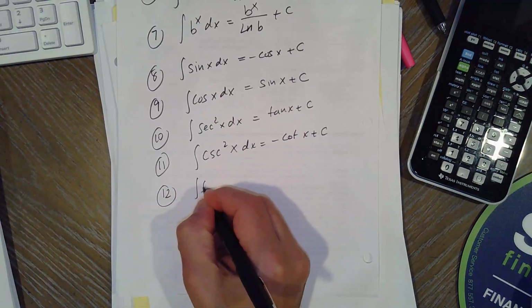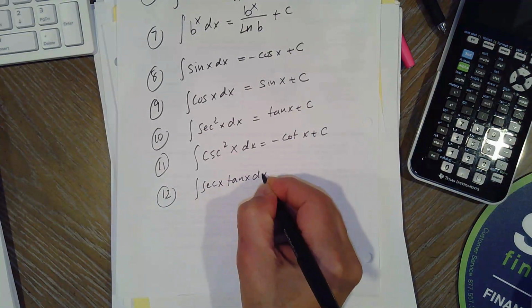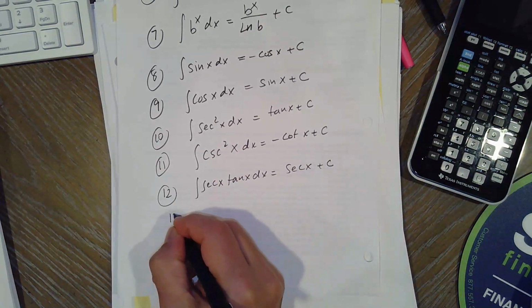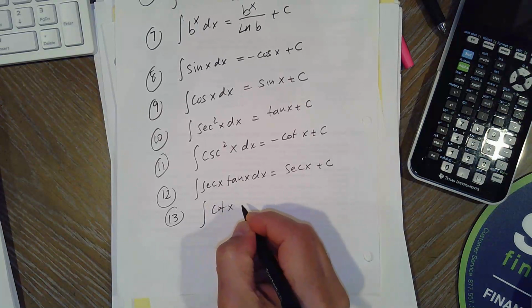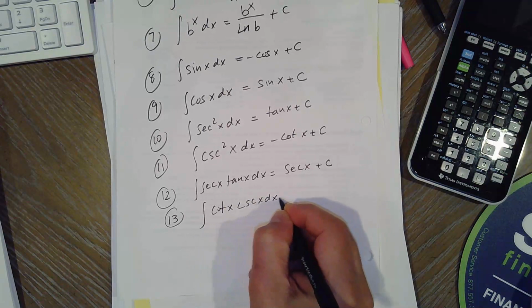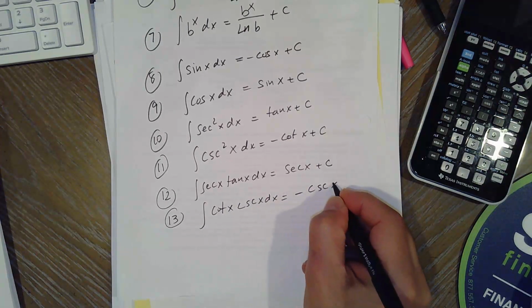Integral of secant x tangent x dx is secant x plus c. Integral of cotangent x cosecant x dx is negative cosecant x plus c.